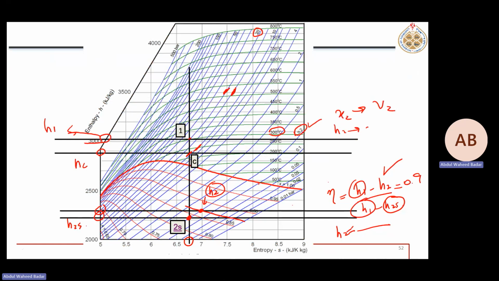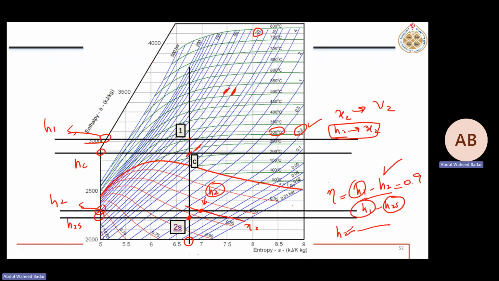From that you will find it from that equation. But if you do not want to use that equation, you want to save your time in the exam, here is H2, read X2 directly. That's what you already know from thermo basics.